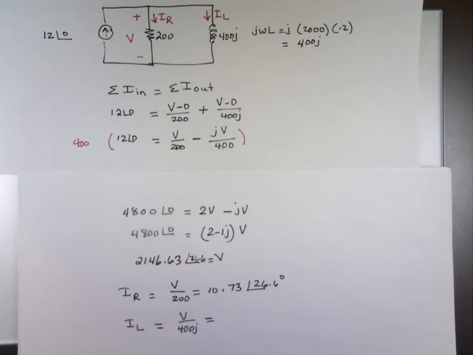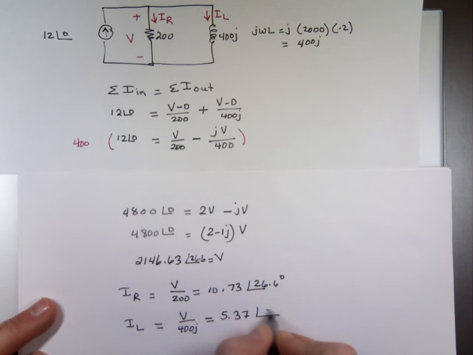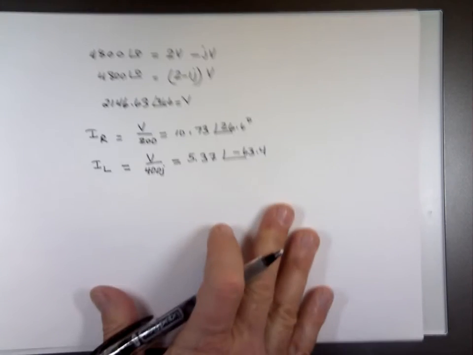I get 5.37. Is that what you got? 5.37 angle negative 63.4. So now we know the voltage and the current.